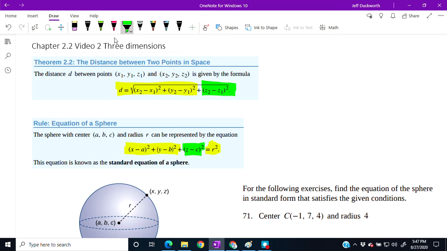If you recall from algebra, the center of a circle, in this case, if we're looking at these, would just be simply A and B, and radius would be R. Now our center is going to be ABC, which you can see down here in our little graph.